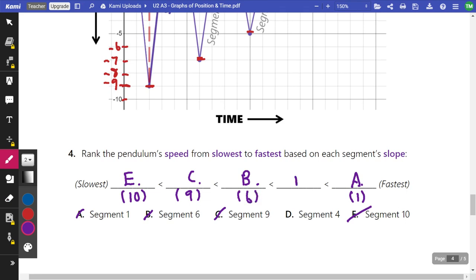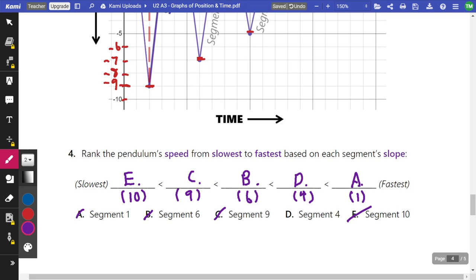And then you have D, this last one, which is segment 4. So the pendulum starts the fastest and then ends up going the slowest. It kind of is a little bit backwards.